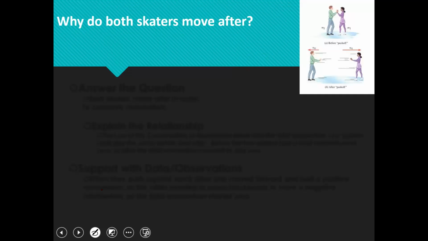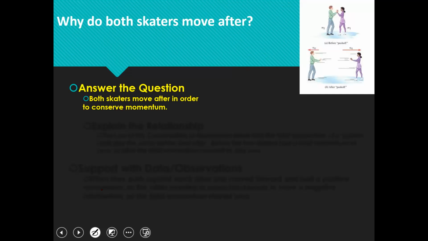Now let's explain why both skaters move after. They move in order to conserve momentum. They must move like this after the push off, one to the right, one to the left, or one backward, one forward, in different order. Why? To accomplish the conservation of momentum.